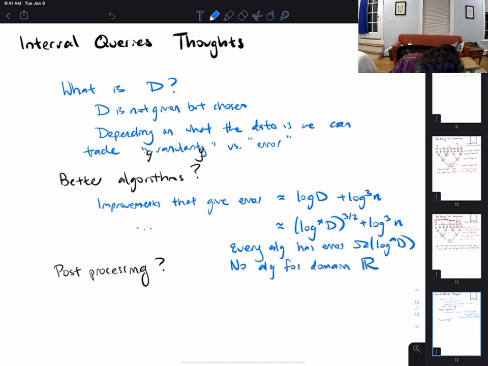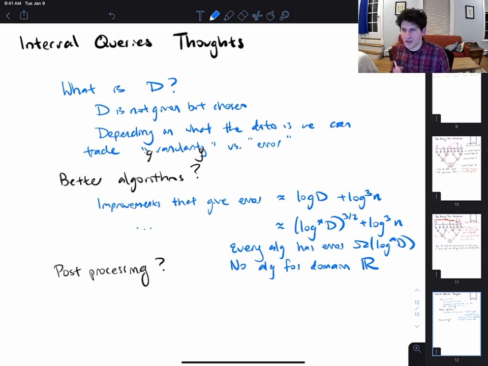There's no algorithm that can answer all interval queries or compute a cumulative distribution function, or even be guaranteed to compute the median if the domain of your data is all reals. So we have to do some kind of discretization, and how to do this discretization is actually a significant question in practice. So unfortunately, in order to do something even fairly simple like compute just these interval queries with differential privacy, we suddenly can't just work with real numbers. We have to work with discretized numbers, and we have to pay something for that discretization.